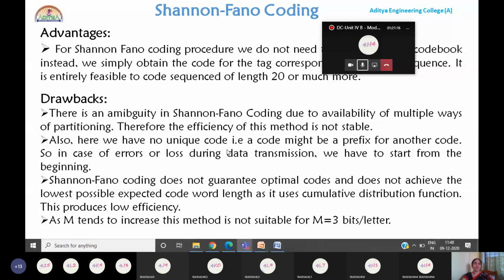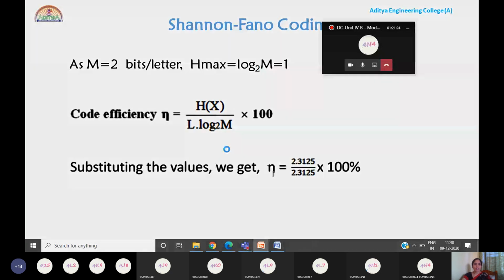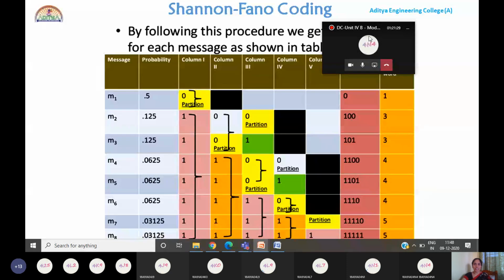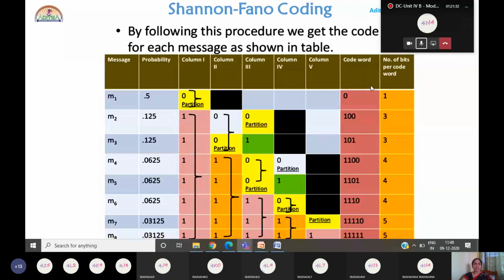So what does it mean? If you observe the codes in this example, the first code word is 0, the second code word is 100, the third code word is 101, the fourth is 110, and the fifth is 1101. Now please observe M2 and M3: the first two MSB bits are 10 only. And for M4 and M5, it is 110, 110.